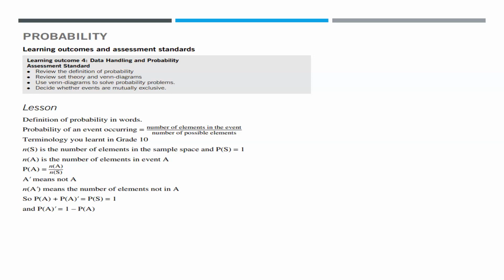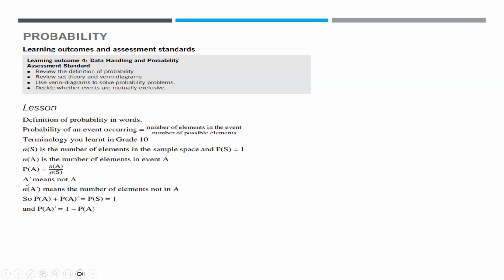N of A is the number of elements in an event A. So the probability of A is the number of elements in A over the number of elements in the sample space. Sometimes you will see this A prime in your questioning.